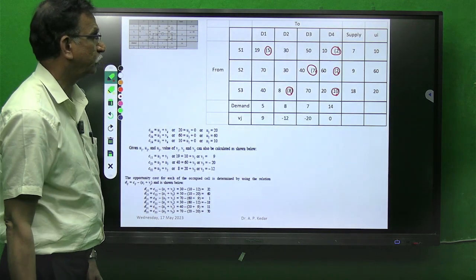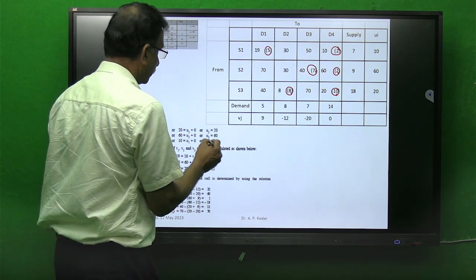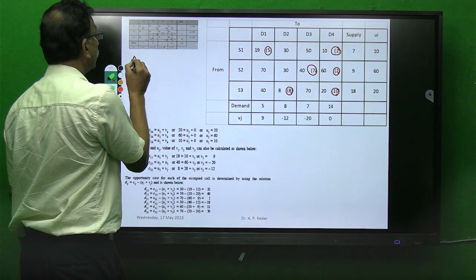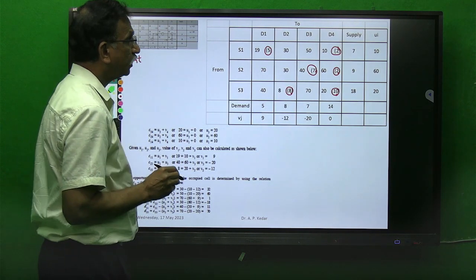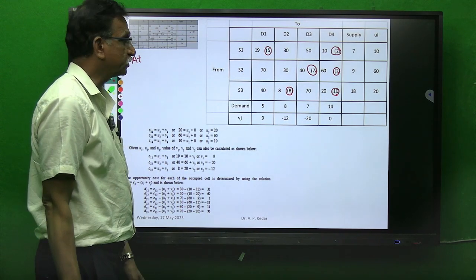By using this particular formula at occupied cells and at unoccupied cells, we had that discussion.